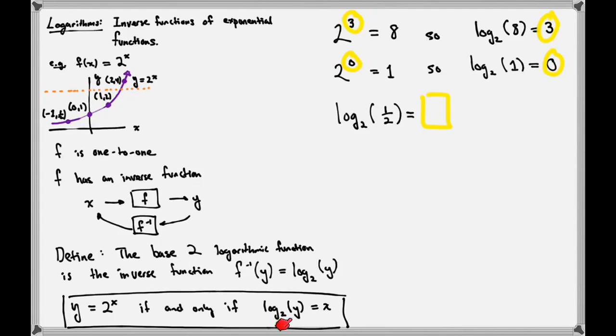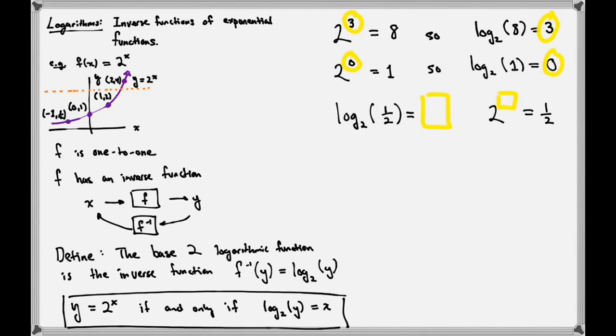Right now I have a logarithmic expression. I'm going to think about it in terms of the corresponding exponential expression to see if that helps me answer the problem. So the base is 2. The answer I get over here, the box, is going to be the exponent over here. And what I put into the logarithm is supposed to give me the output of the exponential equation.